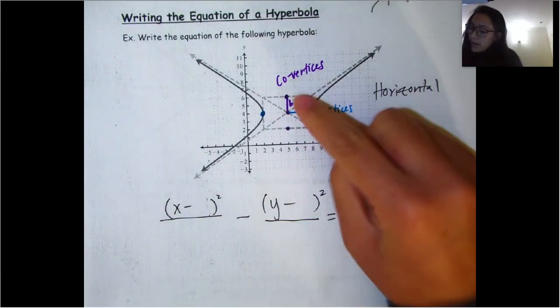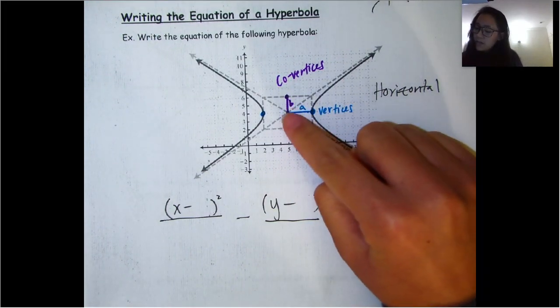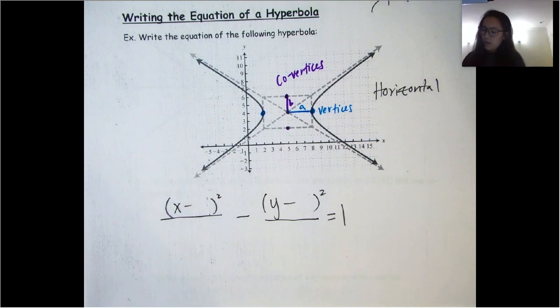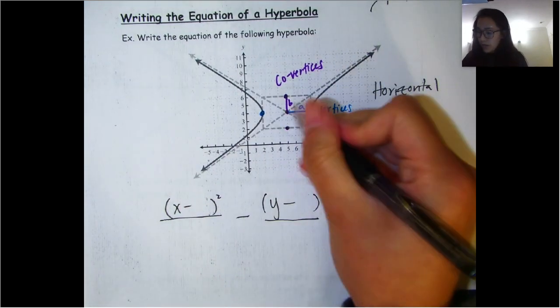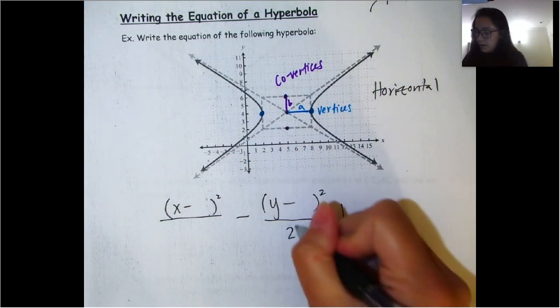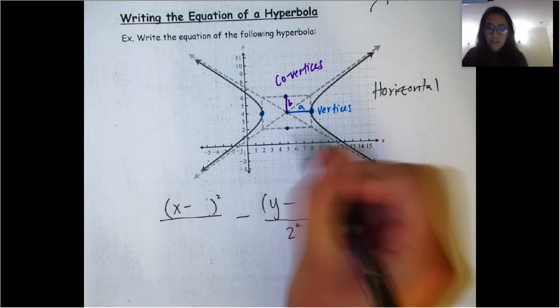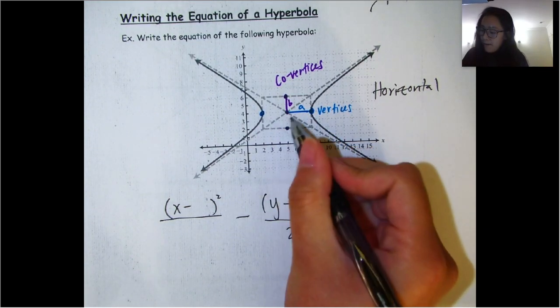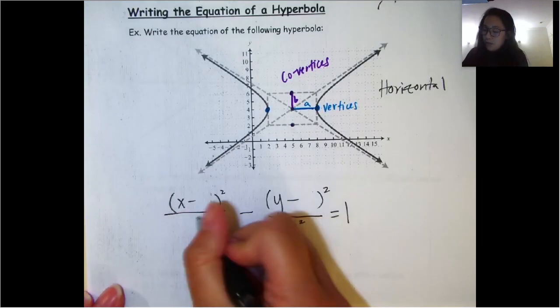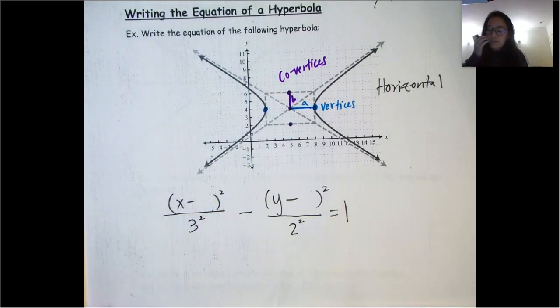So b, if you look at here, this distance, it's going to be the distance between 4 and 6. So that's going to be 2. So 2 squared. For a, that's going to be the distance from 5 to 8, which is 3. So this one will be 3 squared.